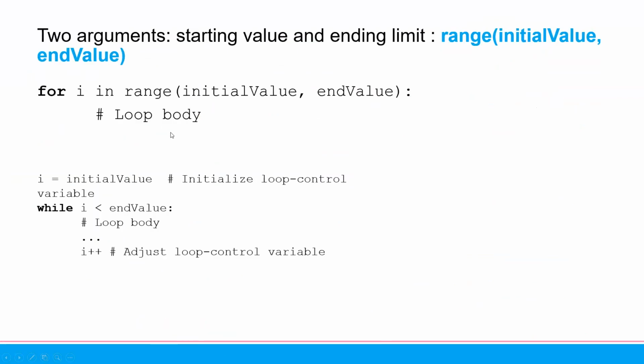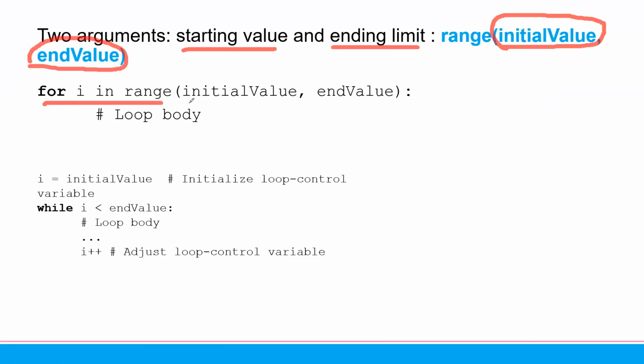We have 2 arguments. The 2 arguments mean we have the starting value and the ending limit. So the first value is the initial value and the other is the end value. Now we can have for I in range with the initial value and the end value, and we can do something in the body.